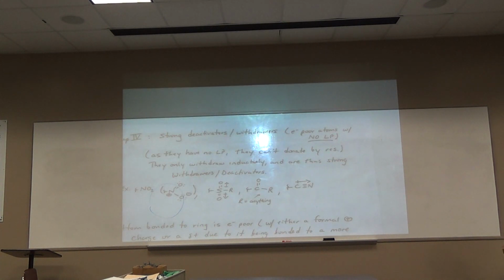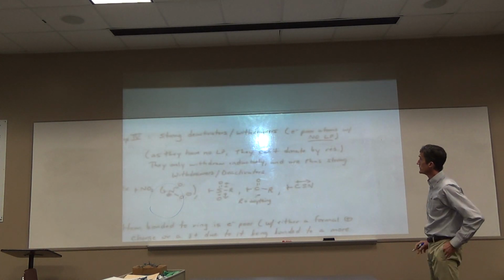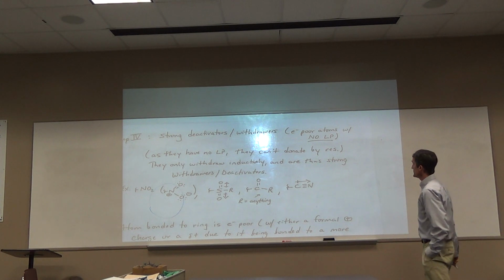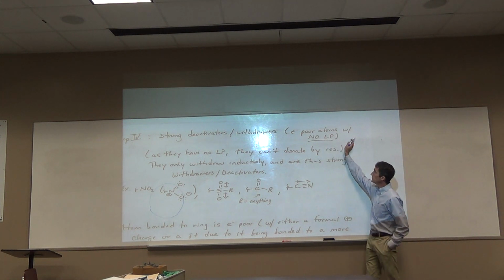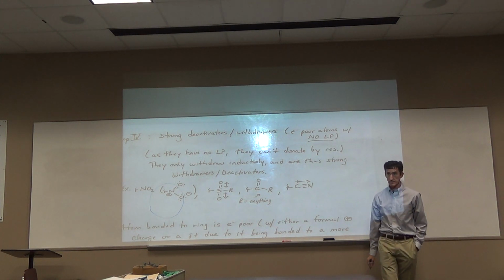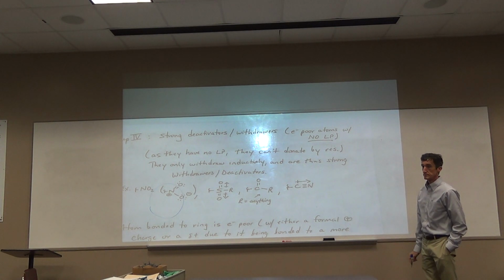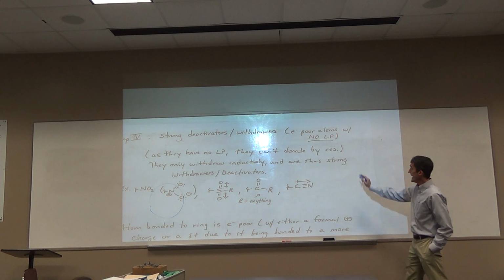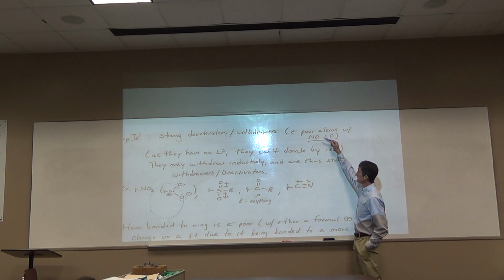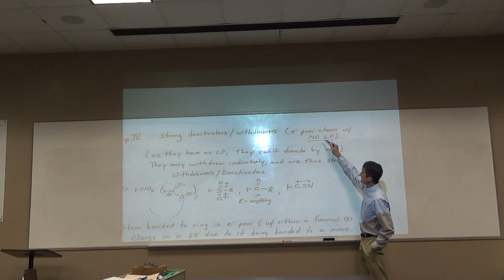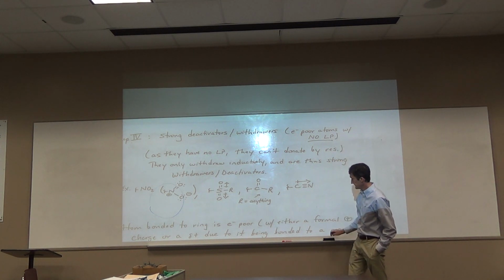Group 4 are strong deactivators, withdrawers. These are going to be electron-poor atoms with no lone pair. And when I say atom, I'm talking about what's bonded to the ring.